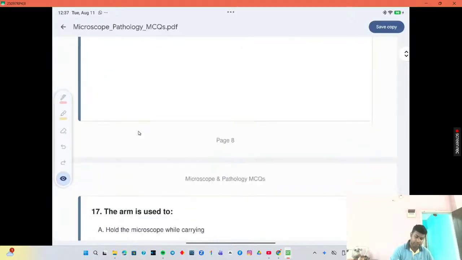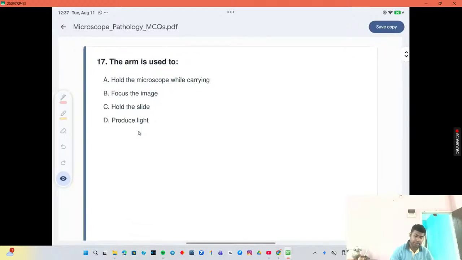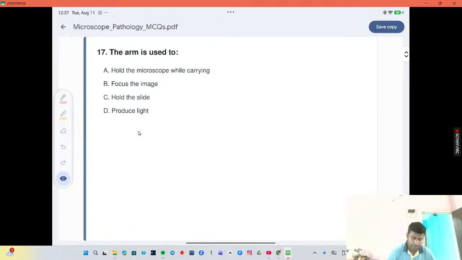I will go to the next question, and the next question is given as the arm of a microscope is used to. What is the role of the arm in a microscope?